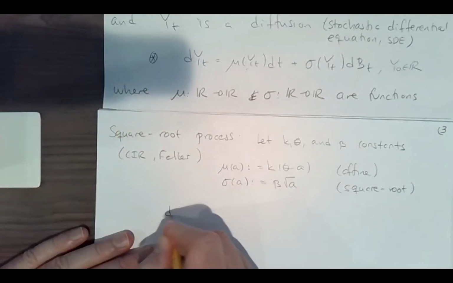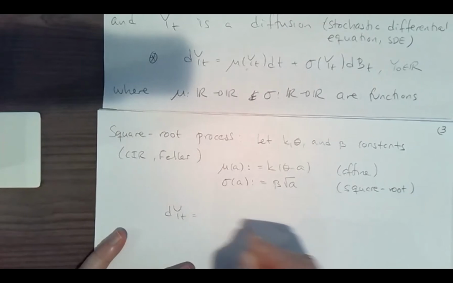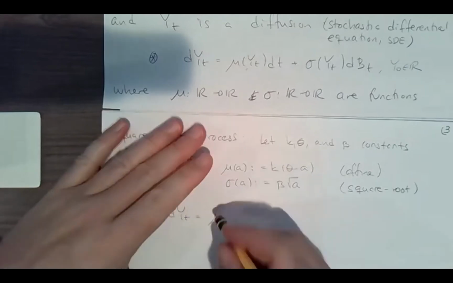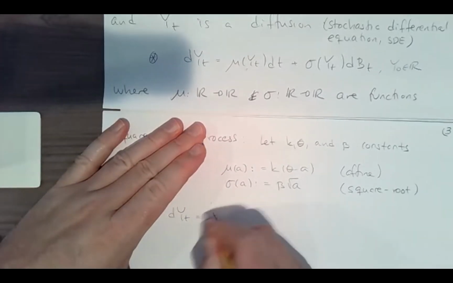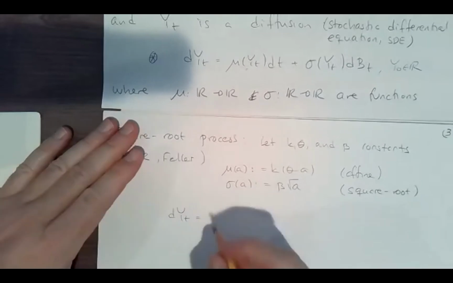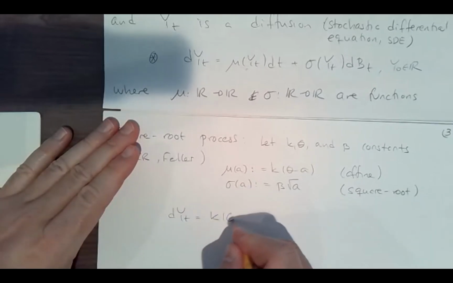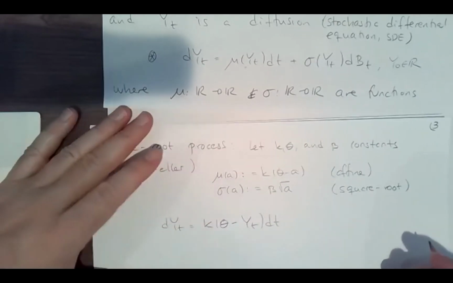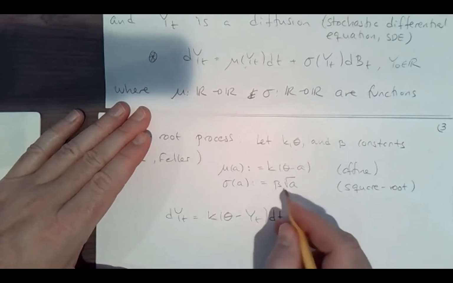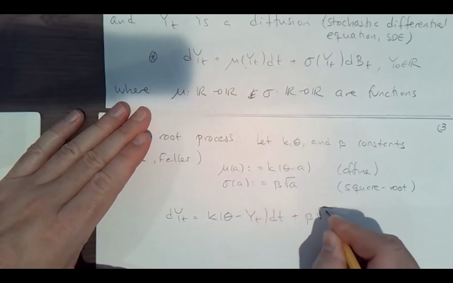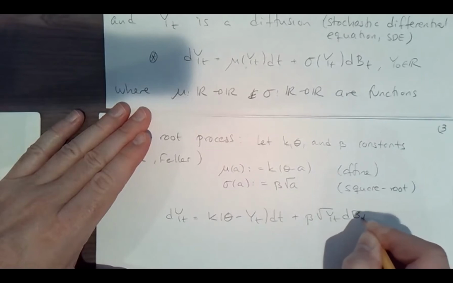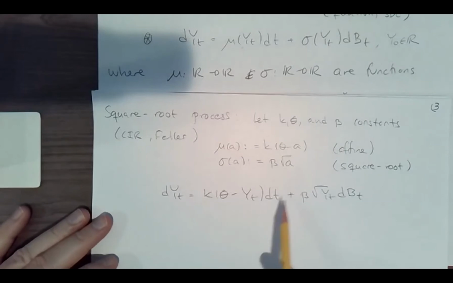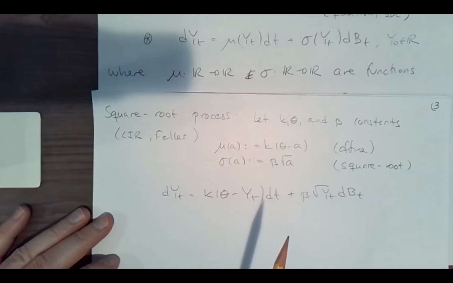So dyt is equal to kappa theta minus yt, plus the volatility, beta root yt dBt. Now we see on the right hand side we have y in two places.